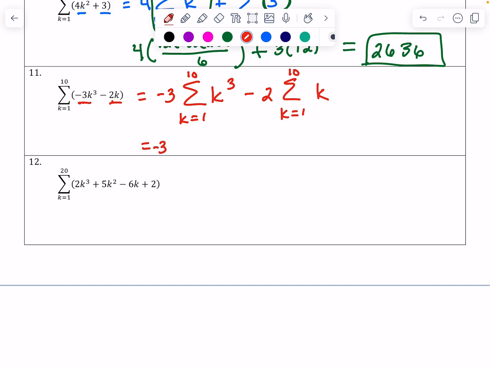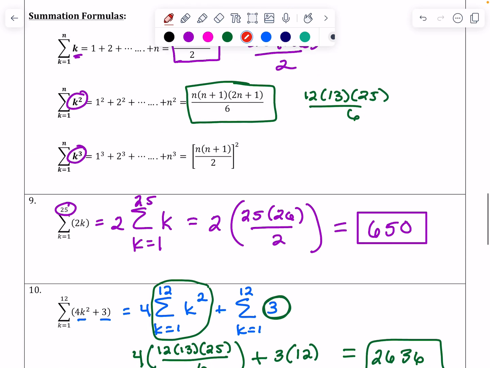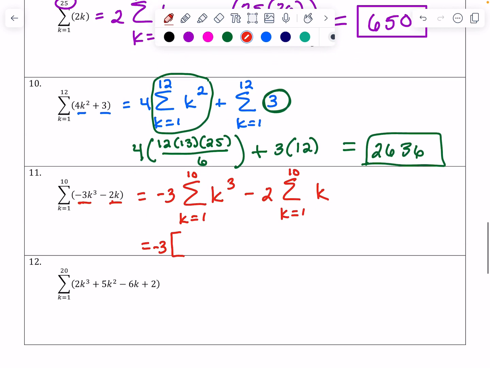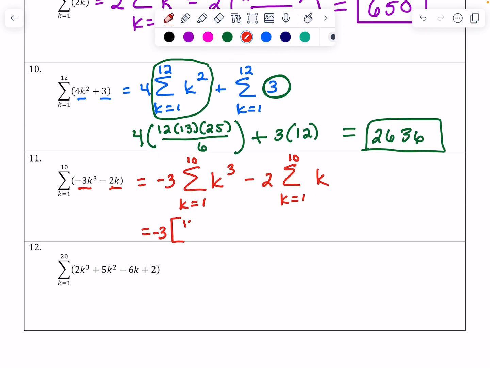So let me bring my negative 3 down. I'll scroll back up so we can see the k cubed formula. It's exactly the same as the k formula, except this one is going to be squared. So my n in this problem is 10. So we're going to do 10 times 10 plus 1, which is 11, divided by 2, squared, times the negative 3.